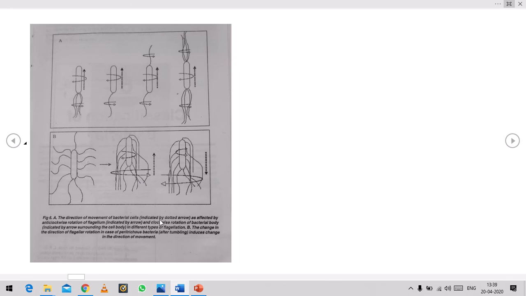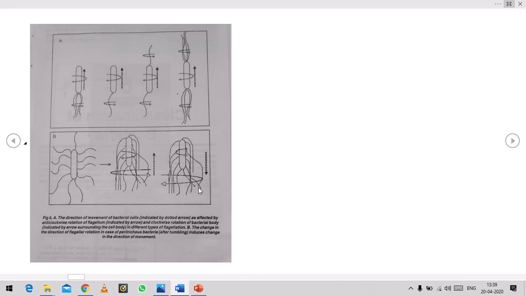These are the different types of flagellation, so different types of rotation and movement are shown: this is anti-clockwise, this is clockwise. The change in the direction of flagellar rotation in peritrichous bacteria after tumbling induces changes in the direction of movement.